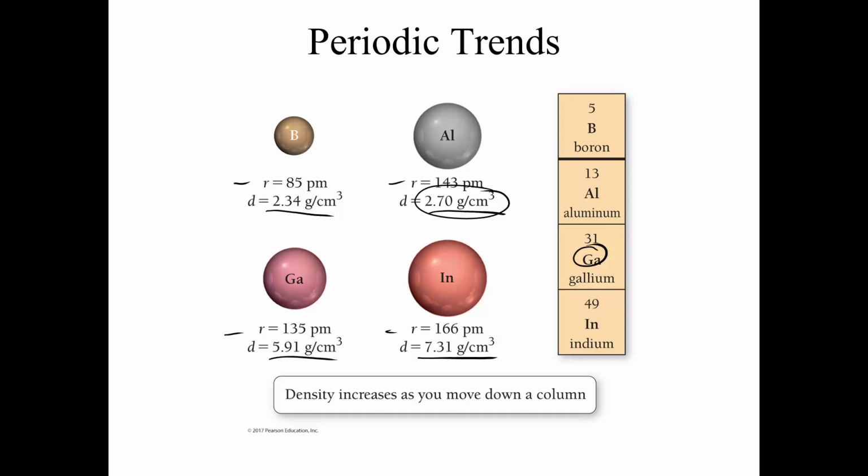Overall lighter, because of the mass to volume ratio, right? Remember that density is mass over volume. So that's a trend. Density increases as you go down a group, and you can actually explain that with what we know already now. Okay, so it's a mass over volume increase.